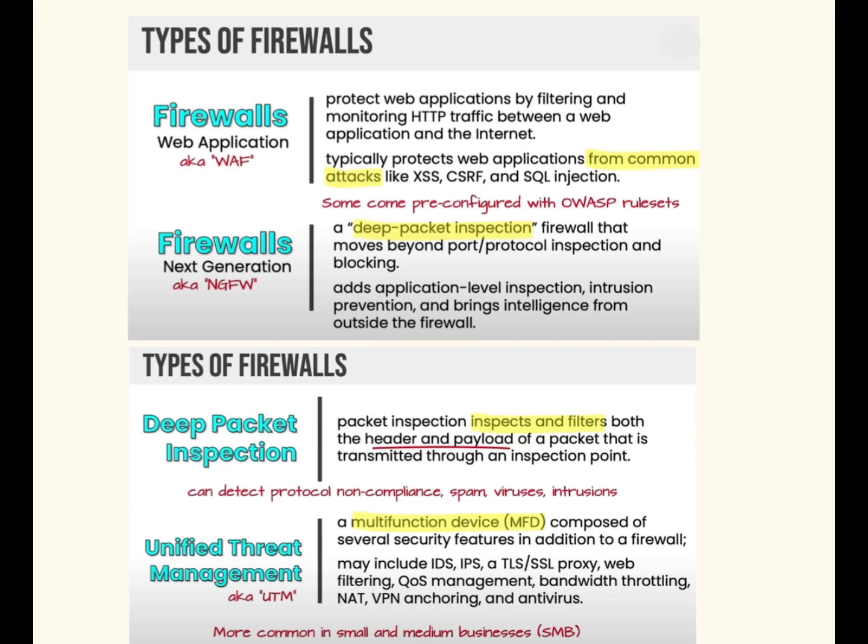A simple example: a next generation firewall is like a security guard with X-ray vision. They don't just check IDs, but also scan what is inside the bag, ensuring no hidden threat comes through. Right, so that is called deep inspection.